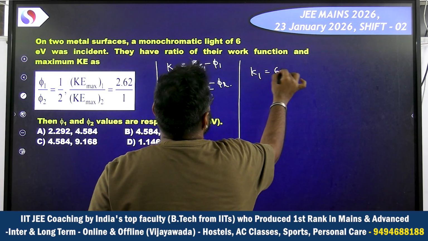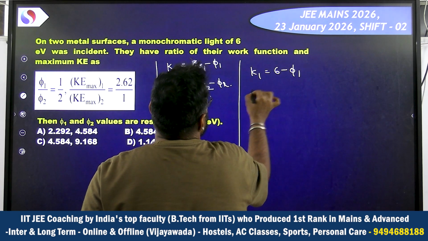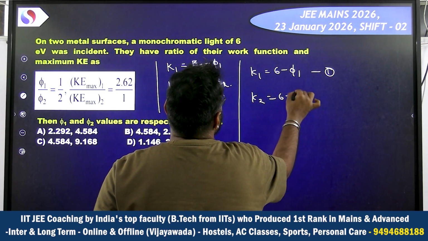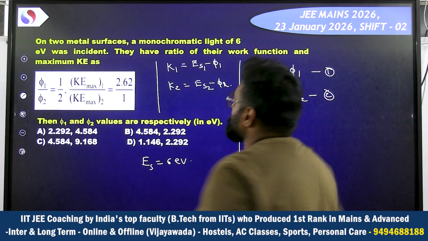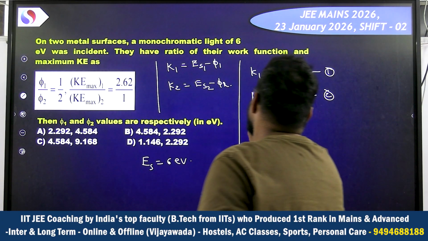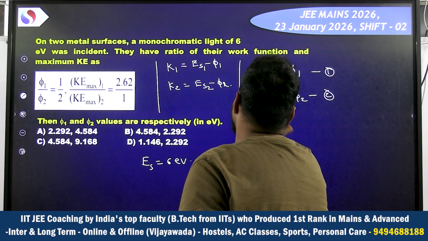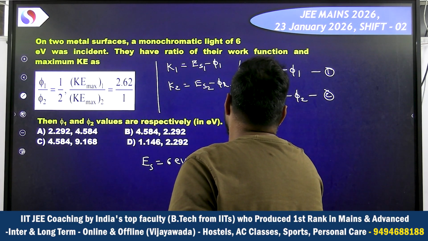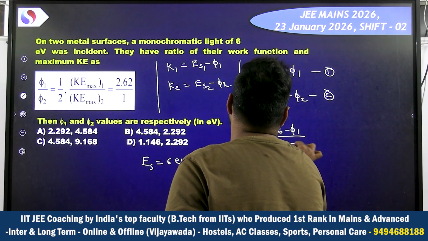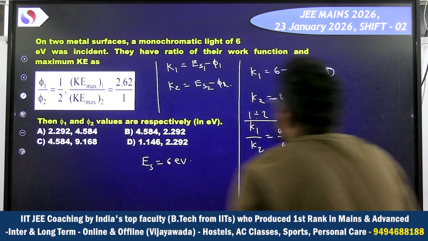Let's keep the values. K1 is equal to 6 minus Phi1. This is equation number 1. And K2 is equal to 6 minus Phi2. This is equation number 2. Divide both the equations, so equation 1 divided by 2. K1 by K2 is equal to 6 minus Phi1 upon 6 minus Phi2.